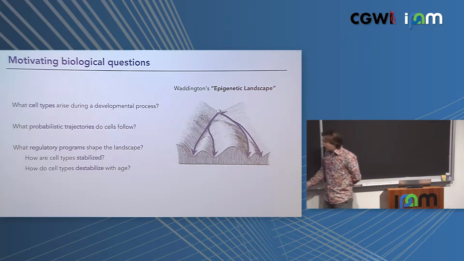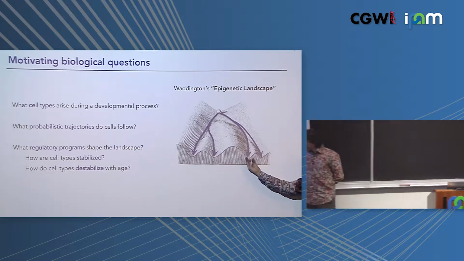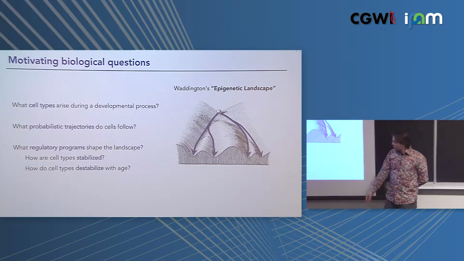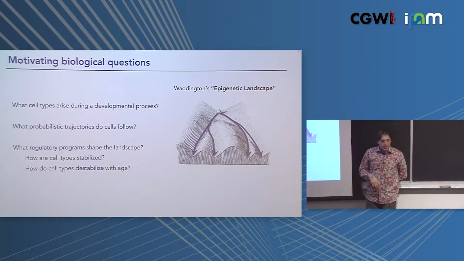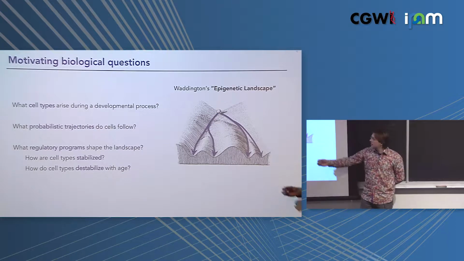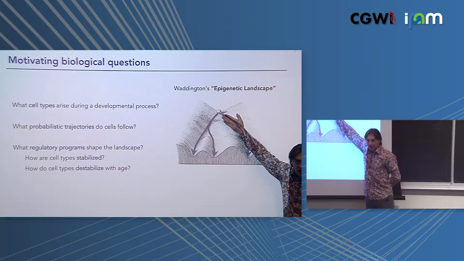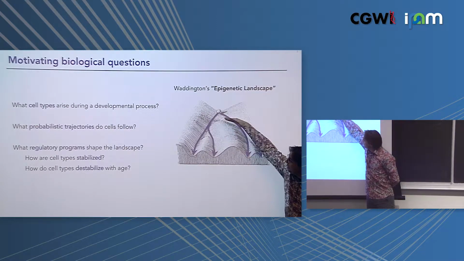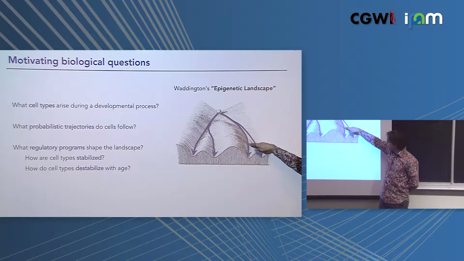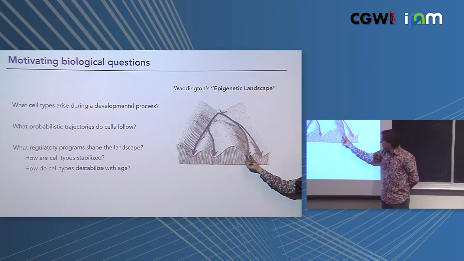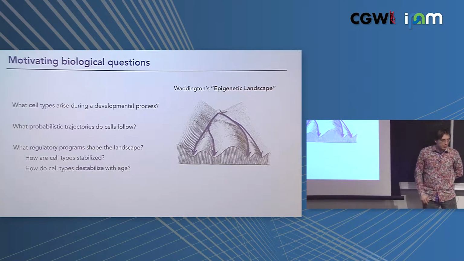The basic idea of this landscape is that each of these little valleys corresponds to a different cell type that you might have at the end of a developmental process, where the process might start at the top with something like an egg cell or a stem cell, and then over time, the cell would roll down like a marble through these ridged troughs into different terminal cell types.